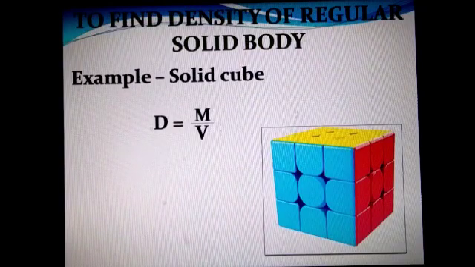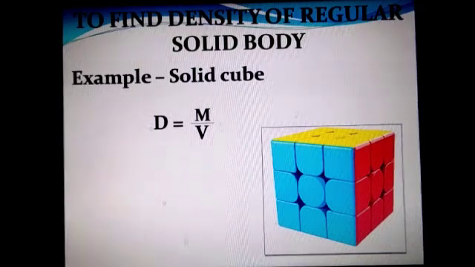Now students, how can we find the density of some objects? If the object is a regular solid body, then we can easily find the mass of the body by a digital balance, and the volume of the body can be found by its mathematical formula.